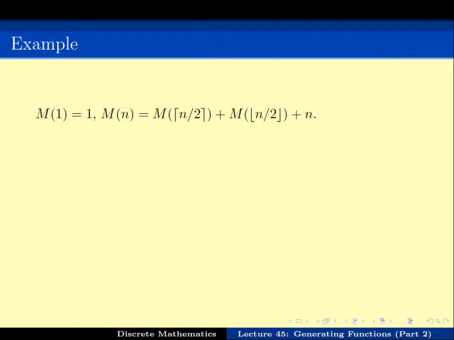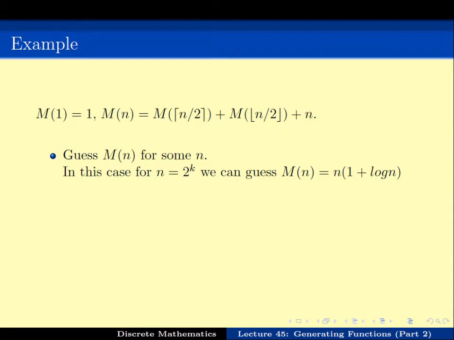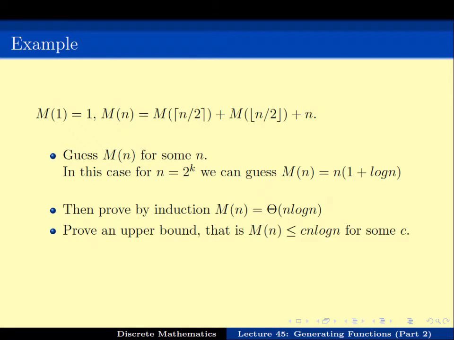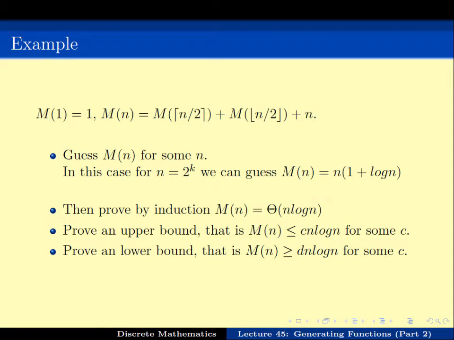For example, one way of going about this example is you first guess the Mn for some good n. Here we saw that we can guess it for n equal to a power of 2, and then Mn does become something like n log n, and you prove that Mn equals theta of n log n by using induction to prove an upper bound and a lower bound separately.